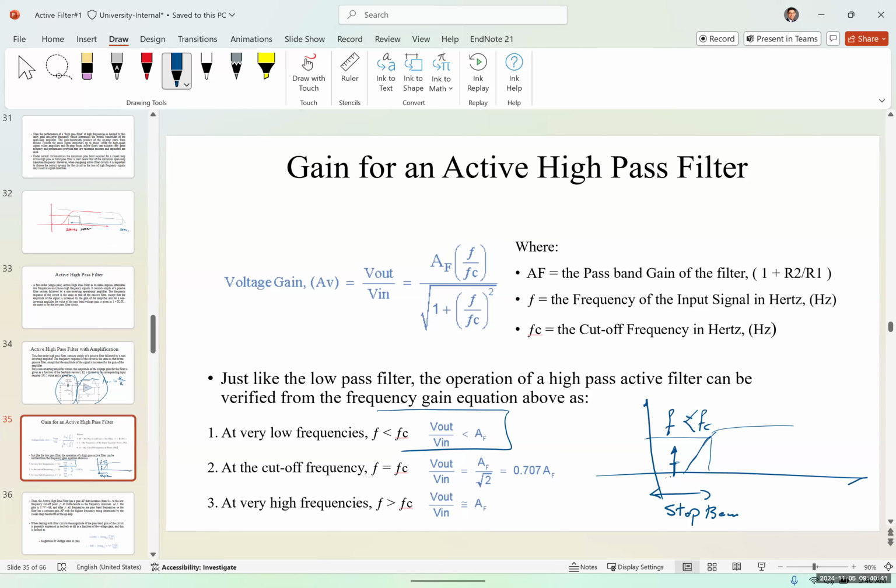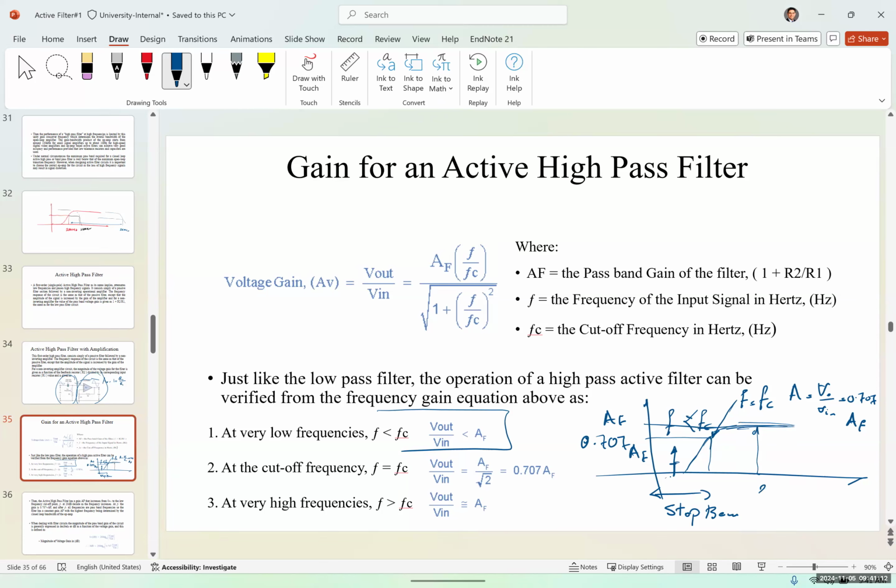If F is equal to FC, at this point, then the gain, or V out over Vin, would be 0.707 of the maximum gain, or AF. So this is 0.707, and this is our maximum gain, AF. And anything above that is going to be almost equal to AF.